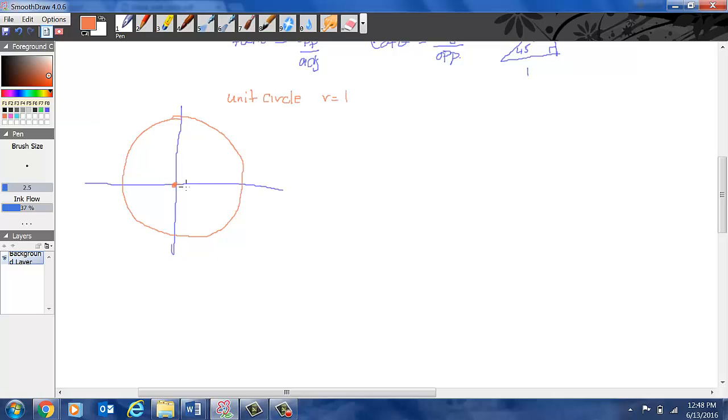So basically from here to here is 1 unit, which means this point would be 1, 0. And this point would be 0, 1, this point would be negative 1, 0, and this point would be 0, negative 1.